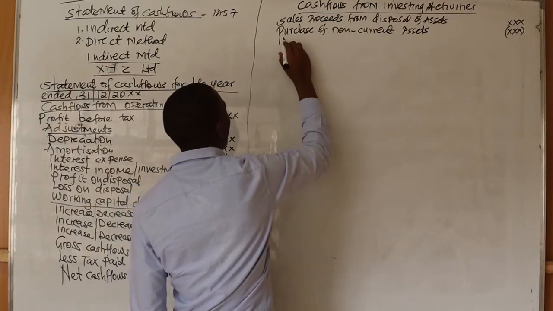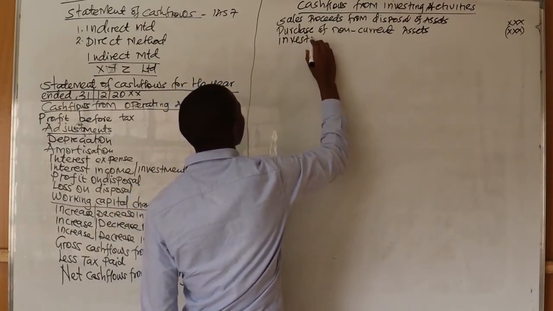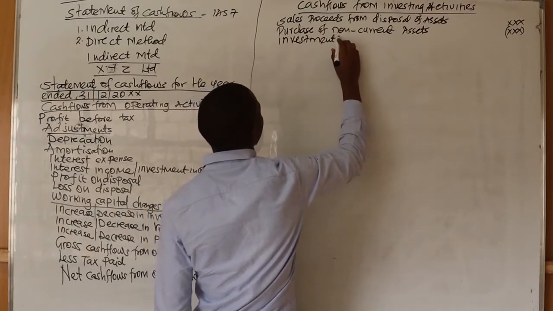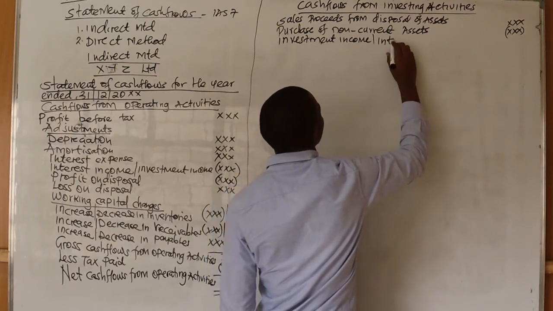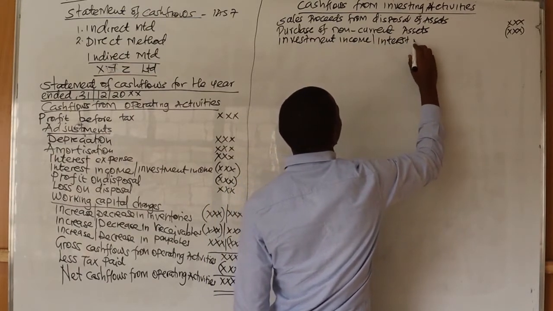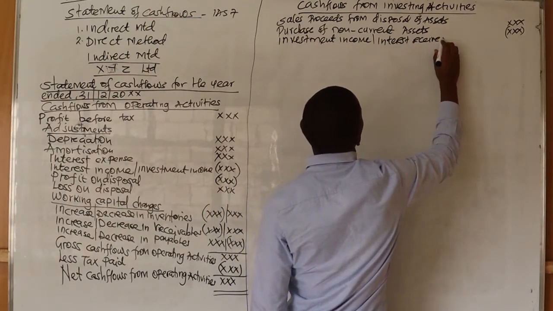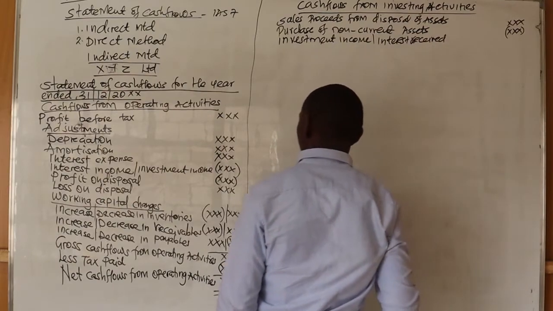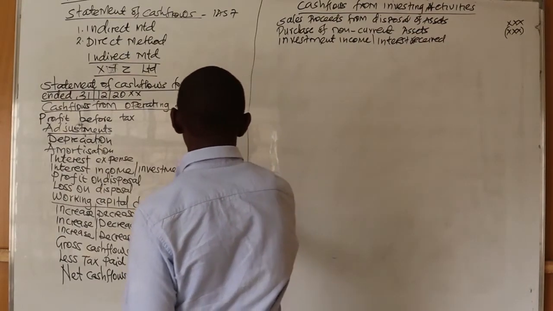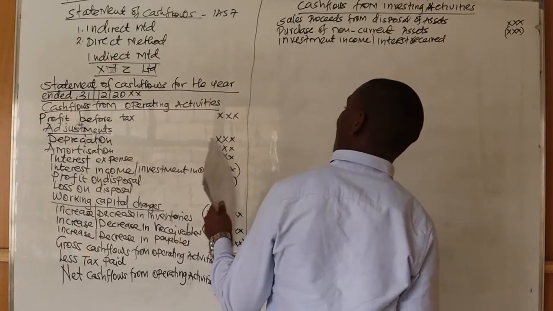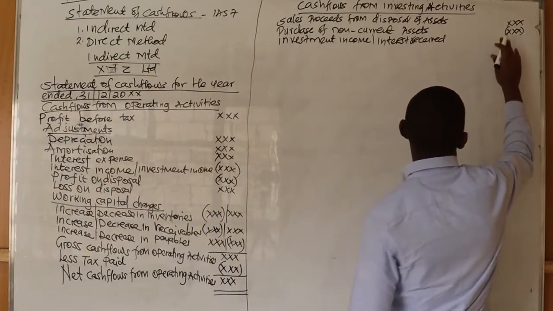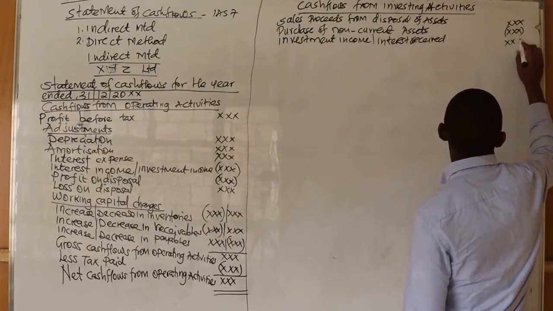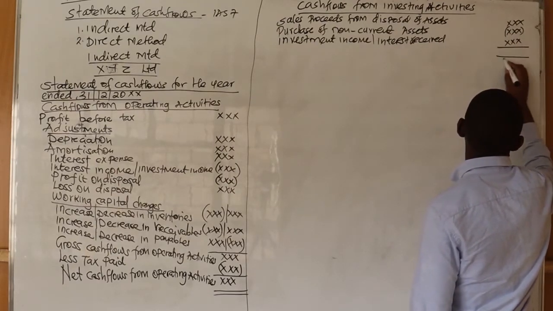Then we have the investment income, or what we call the interest received. Now, the interest received is this one that we were able to less here. We less it because it is not part of the operations. Therefore, you're supposed to come and add it on the investing.